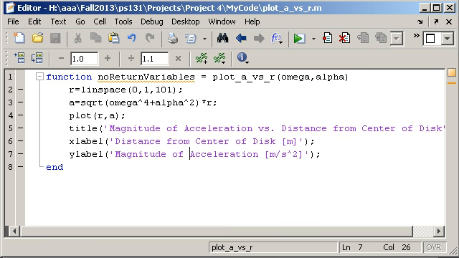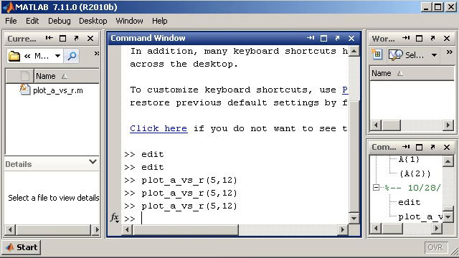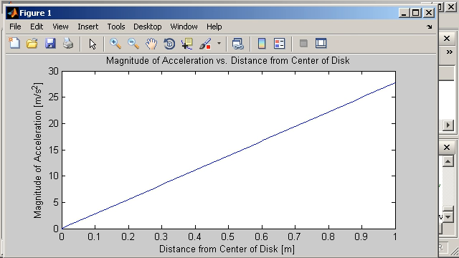Try it again. Magnitude of acceleration in meters per second squared. I like the way it puts it. There's a subscript, even though I use the hat as my superscript character. I hope I said superscript. Distance from the center of disk in meters. Magnitude of acceleration meters per second squared. Alright, I think that looks good.